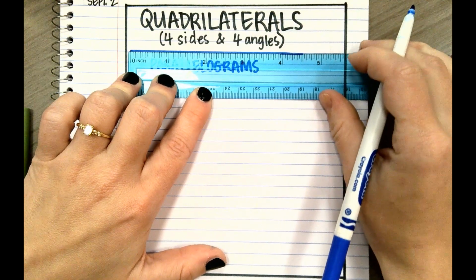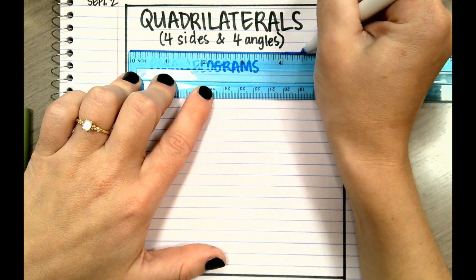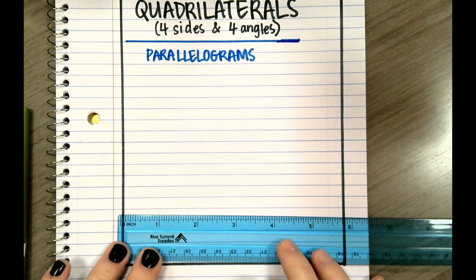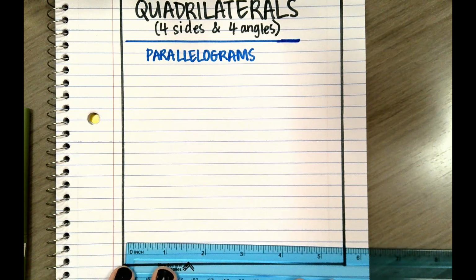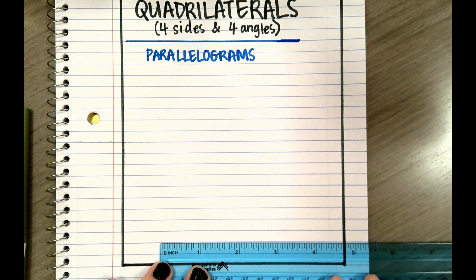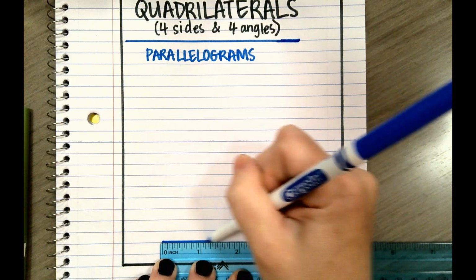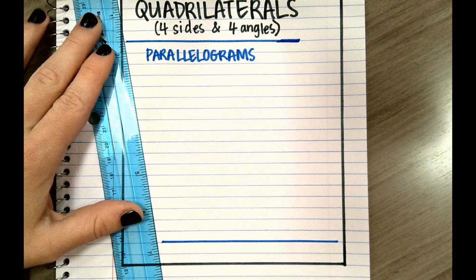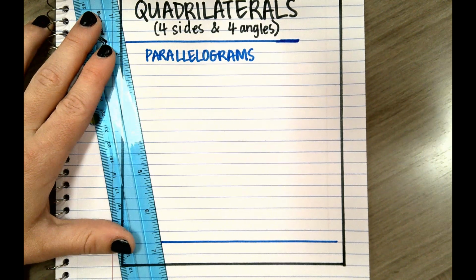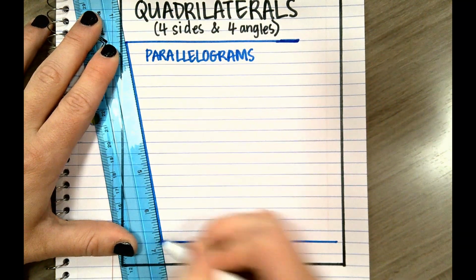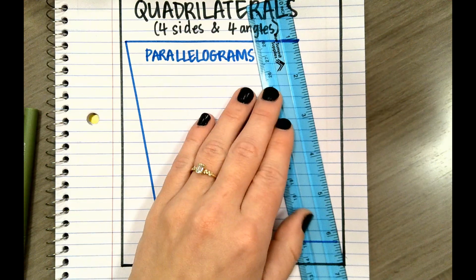And whatever length you choose for this first line, you're going to use the same length near the bottom, but shift it over a little bit so that you have a tilted, you'll see what I mean, hang on. So I'm going to do 4.5 again. And then whenever I connect those sides that I just drew, I'll have a giant parallelogram inside of my quadrilateral.